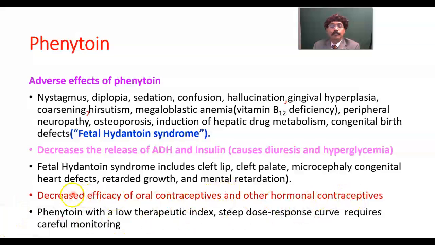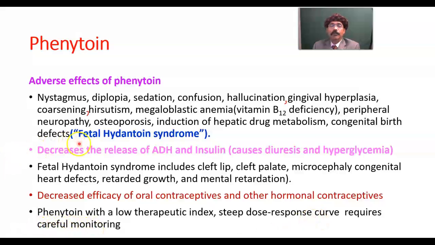Decreased efficacy of oral contraceptives and other hormonal contraceptives is also possible, as their efficacy will be disturbed by simultaneous intake of phenytoin. Phenytoin has a low therapeutic index and a steep dose response curve, so it requires careful monitoring to avoid toxicity.